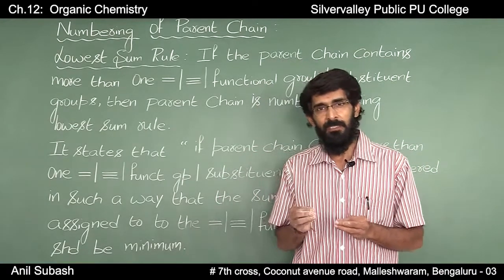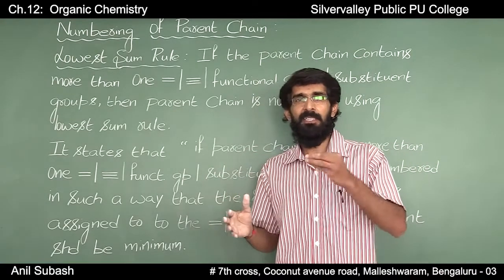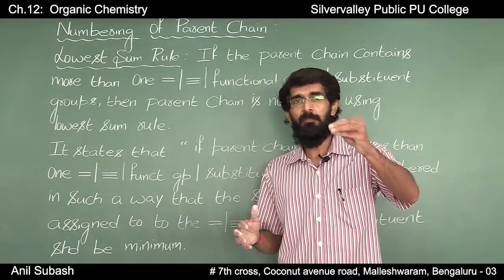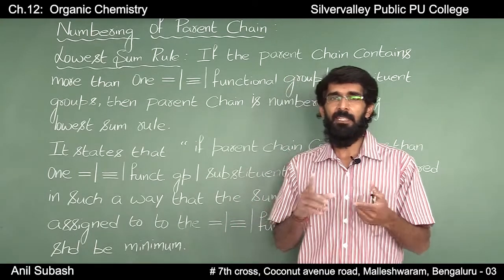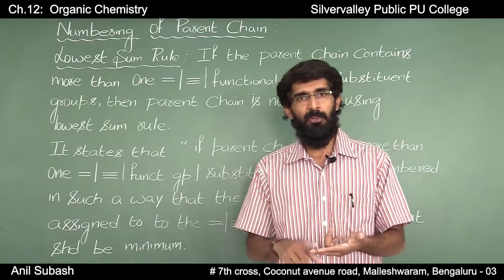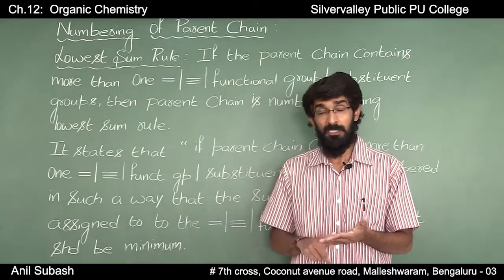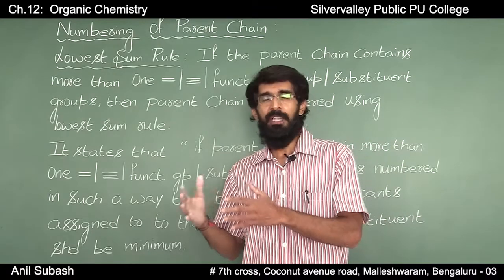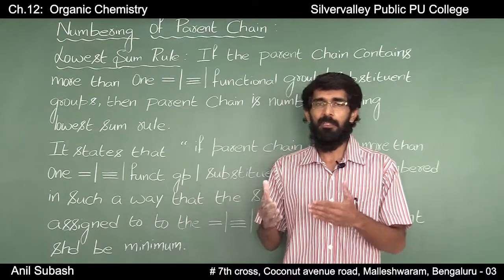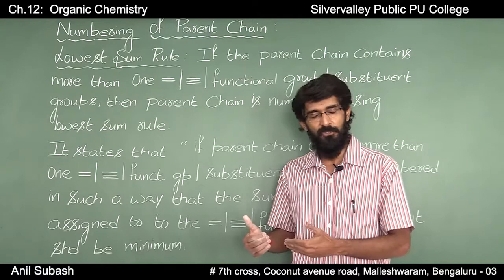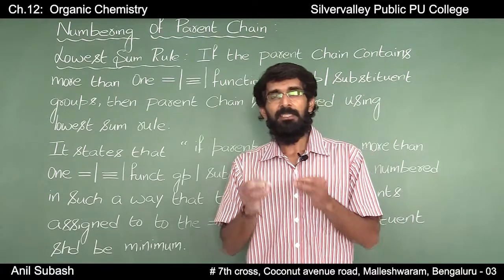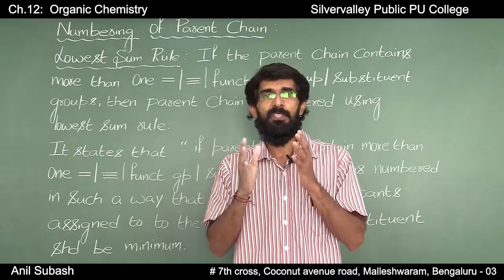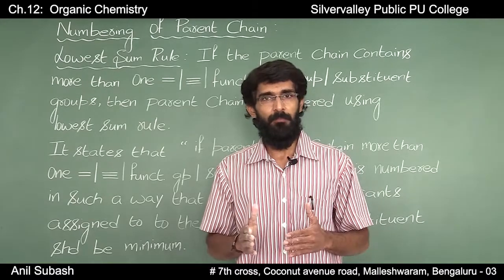We all know that a locant is nothing but the number given to the carbon atom containing the double bond or triple bond or functional group or substituent group. If there is more than one, then the sum of the locants should be minimum.